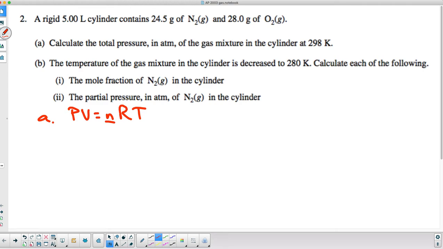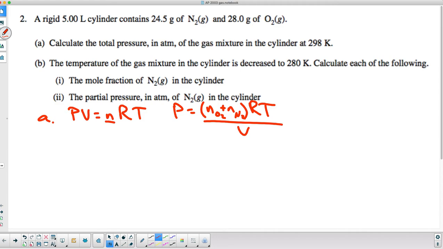So it says calculate the total pressure, which means pressure equals the total moles of O2 plus the total moles of N2, times R times T, and divided all of that by the 5 liters for the volume.